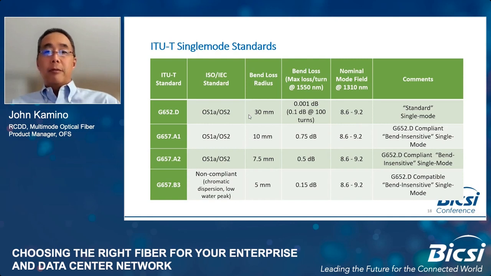Those B3 fibers are used primarily in customer premise applications where you see a lot of very tight bends going around corners. And they're the ones that you see all these demonstrations of fibers being looped around tight corners in a hallway, or in some cases, I think you've seen demonstrations with nails and things like that. So those are the fibers that they're using in that environment.